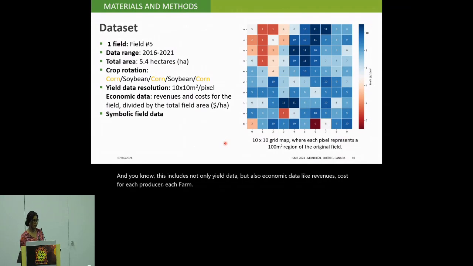And this yield data doesn't come in the same format for every farmer, right? So there's a whole standardization process that needs to be done. There was geospatial transformation needed to make sure all the maps were in the same, let's say, spatial resolution or unit. So there was a tremendous effort of data cleaning and data preparation that took about 3 to 4 years to actually have a data set that was ready to be used.